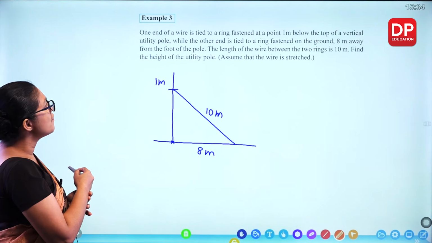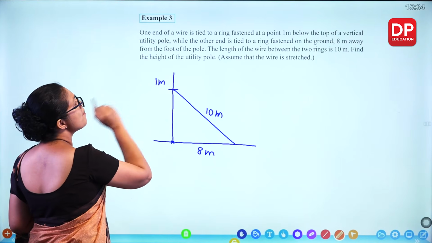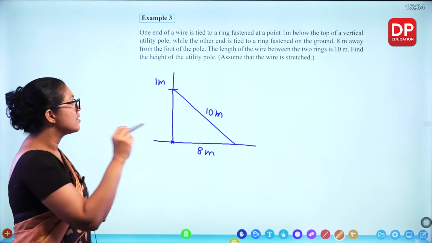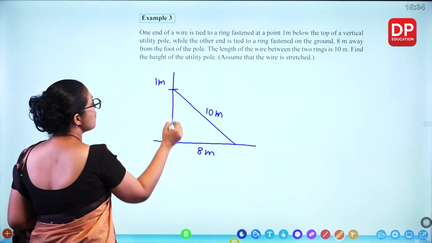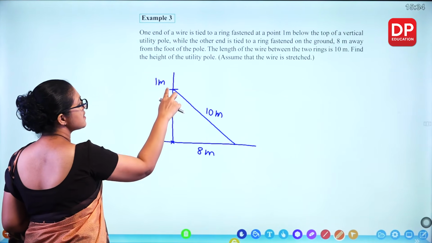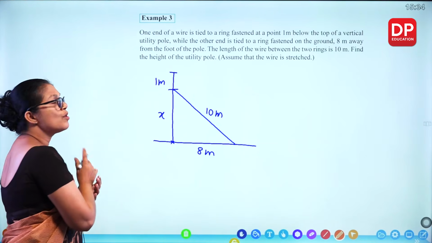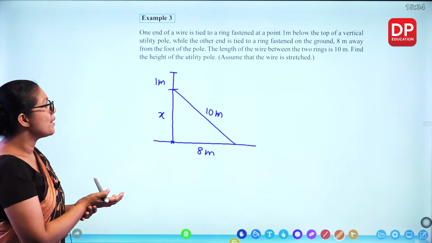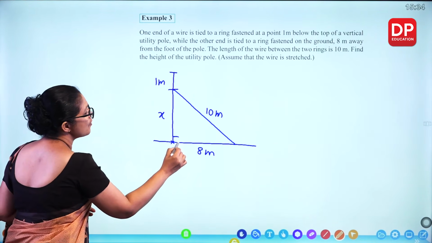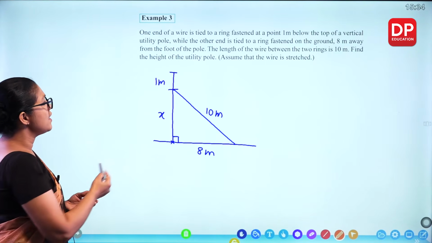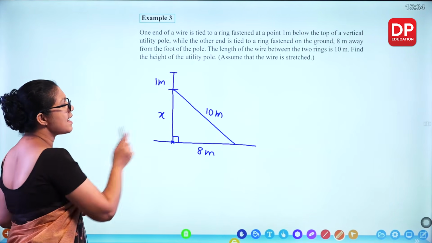Find the height of the utility pole. Assume that the wire is stretched. So they are asking, find this length. First, I'll put x here and you have to add 1 to get the length of the pole. Ground and the pole, this is 90 degrees. So we can see this is a right angle triangle.